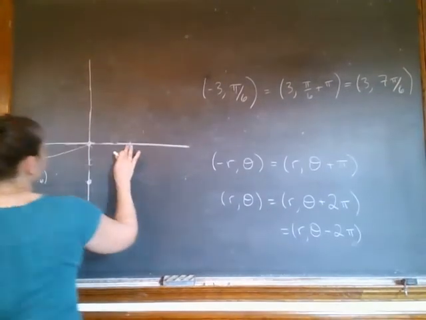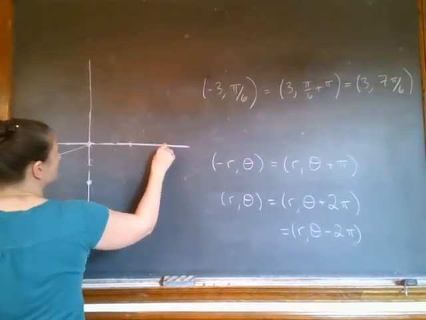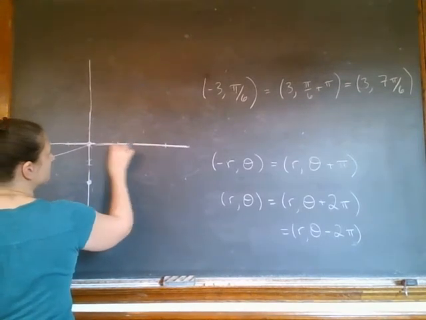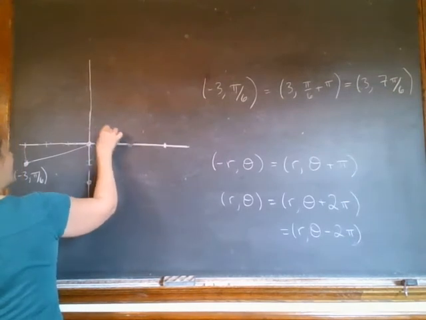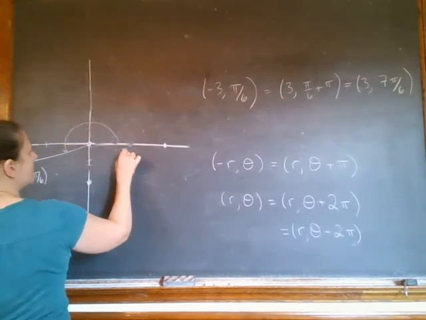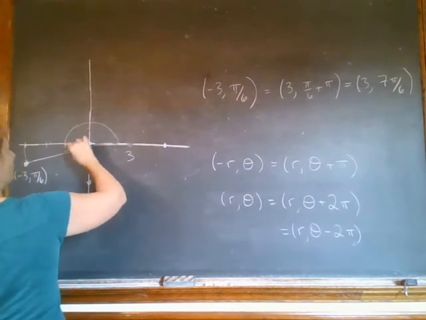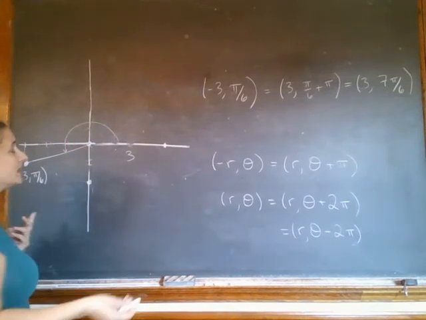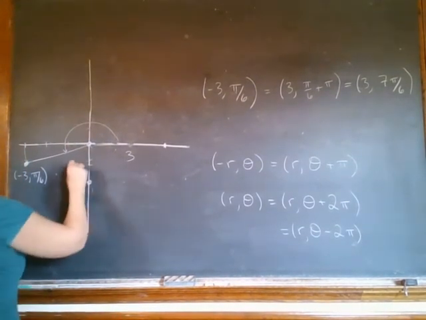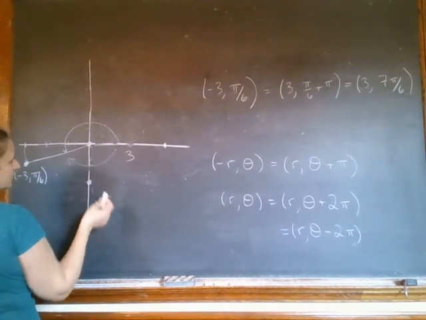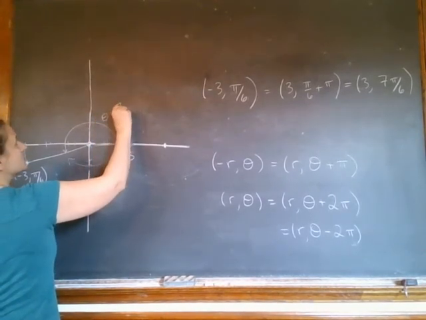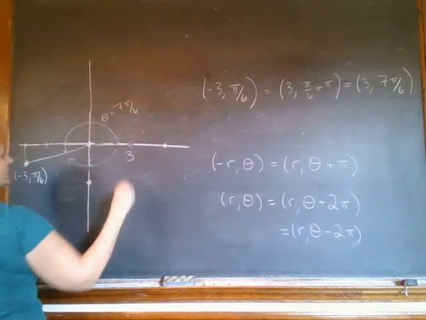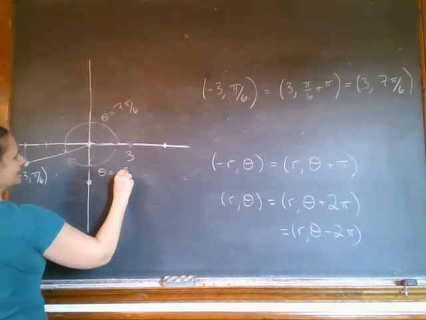So I go out here, my usual distance along, let's say that's 3, right? And then my angle here is going to be 7 pi over 6, right? And as you know, my negative angle is, of course, then going to be, so this would be theta equals 7 pi over 6. If I'm going the negative way, I'm going to do minus 5 pi over 6.